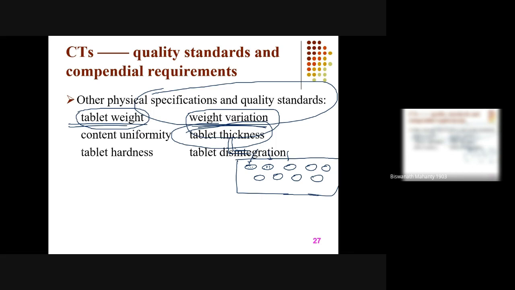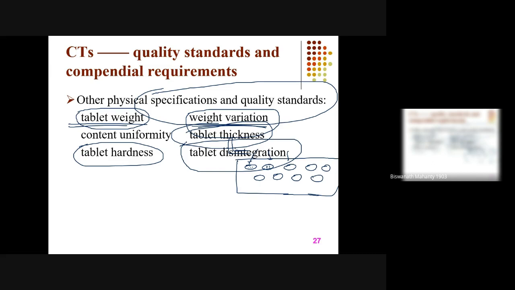They want tablet hardness, tablet disintegration. These properties need to be assessed in each and every batch. Some set of samples are taken, and they are going to make it pass. The whole batch will pass or fail, depending on how much variation they allow. You got my point?